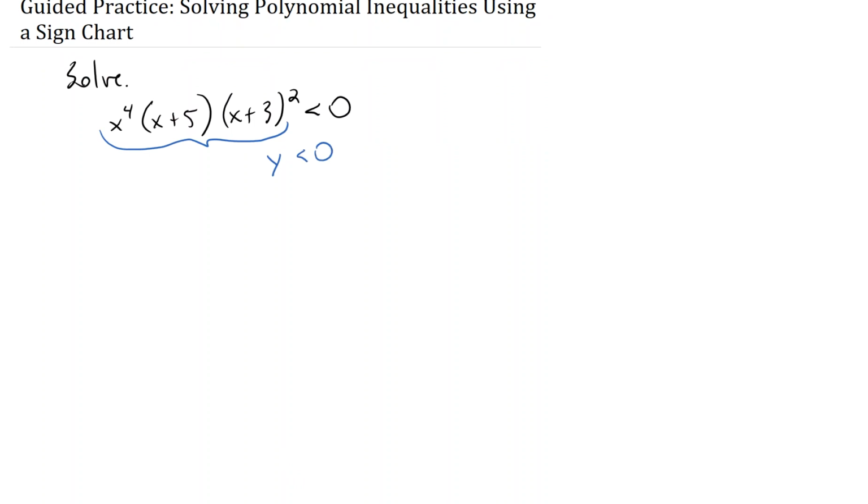Okay, so we're going to set up a number line chart for our x values. And what I want you to do is cut your number line at the 3 zeros of the polynomial. So see if you can figure out the 3 zeros and cut your number line at those zeros.